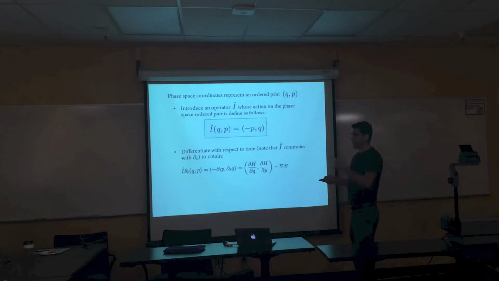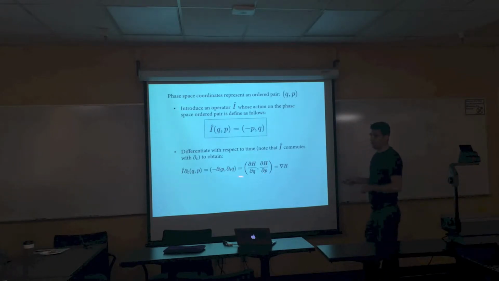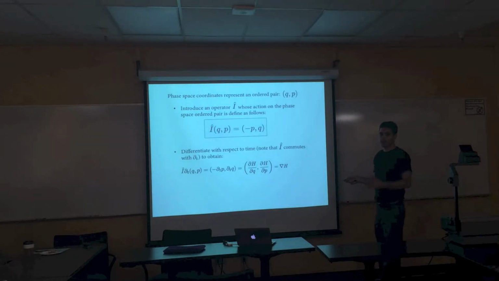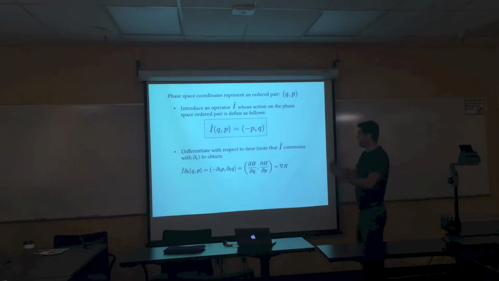And then I use Hamilton's dynamical equations to relate dp/dt to partial h, partial q, with a negative sign, which is important here, right? And the time derivative of q is partial h, partial p. But that, by definition, is just the phase space gradient of the function h. Remember, function h is an arbitrary function on these phase space variables.